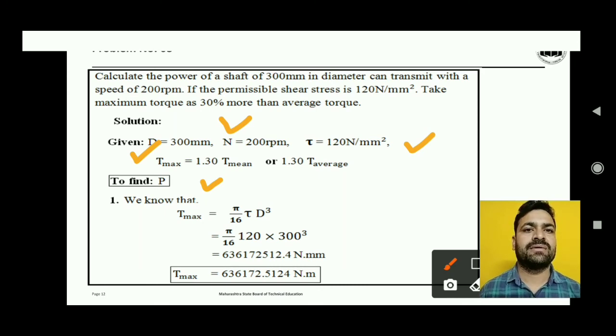So first of all, to find out power, we know that T max is equal to pi by 16 into tau into d cube. So putting the value of tau and d in this equation, we can find out the maximum torque, that is equal to 636172.5124 Newton meter.